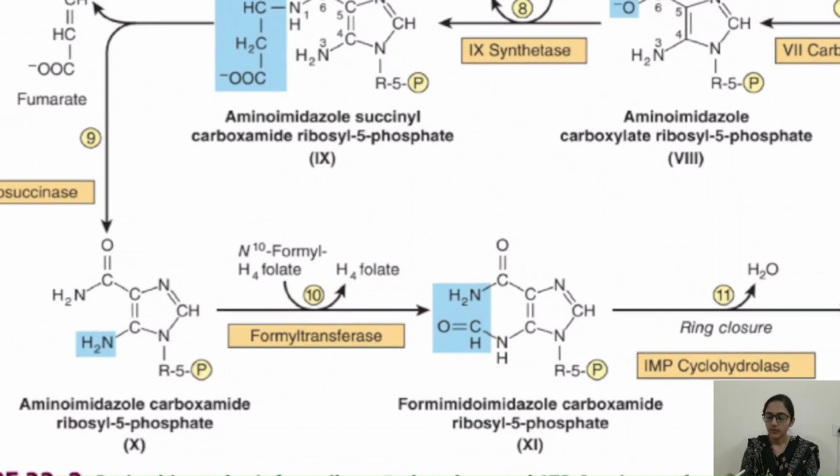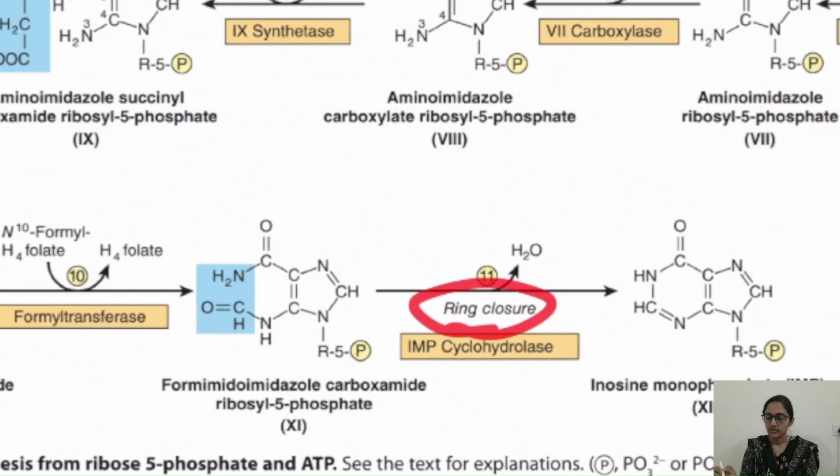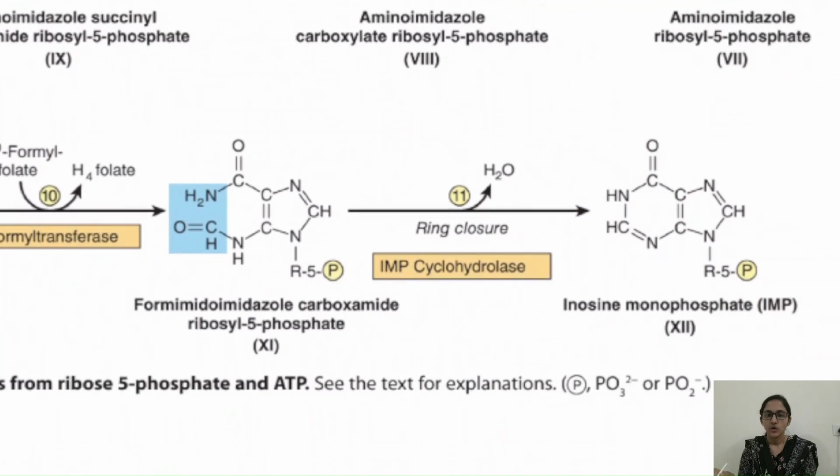Okay. Now, what is left? We have to close this ring. So ring closure happens in such a way that the 6-membered ring is now fully formed, right? So this is the ribose 5-phosphate, on top of which we have synthesized this purine, and that is nothing but inosine monophosphate.